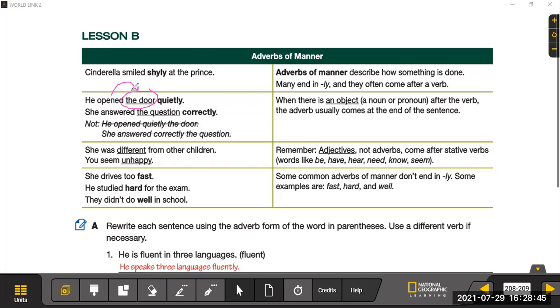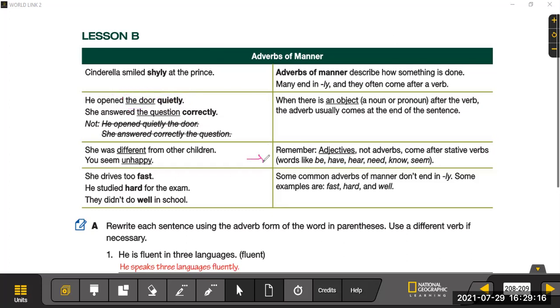Si yo digo I opened the door, obviamente la acción de abrir la recibió la puerta. Si yo digo she answered the question, bueno, ¿qué ella respondió? La question, ok. Lo que recibe la acción del verbo es ese object, right? Cuando utilizamos entonces un object, el adverb of manner tiene que ir al final de la oración. Okay?